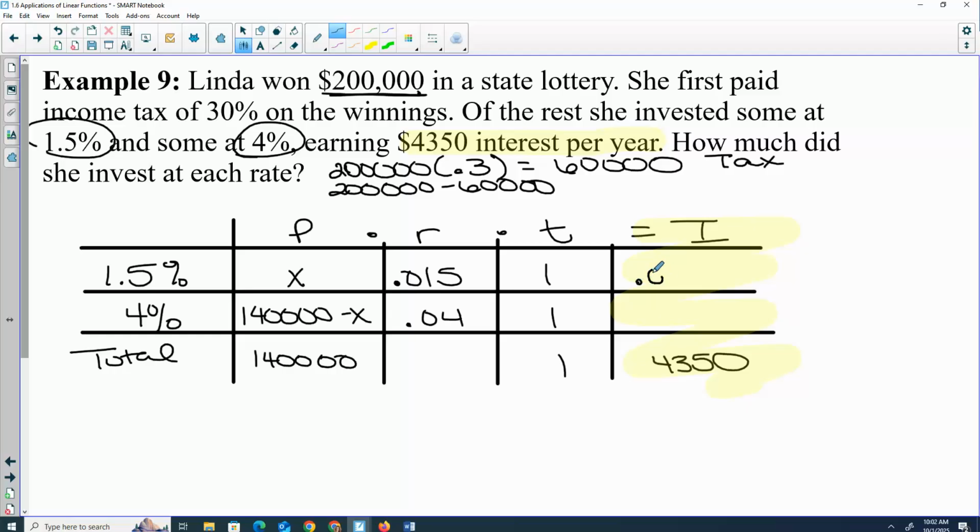So now we just multiply, so 0.015 times 1 times x, and 0.04 times 1 times 140,000 minus x. So our equation is the same.